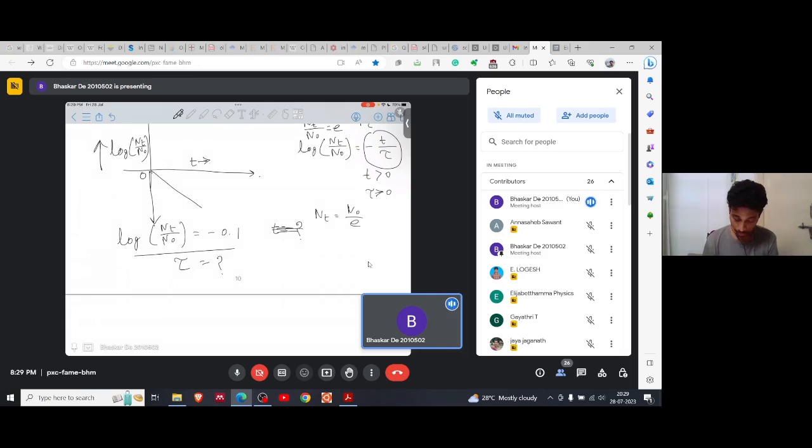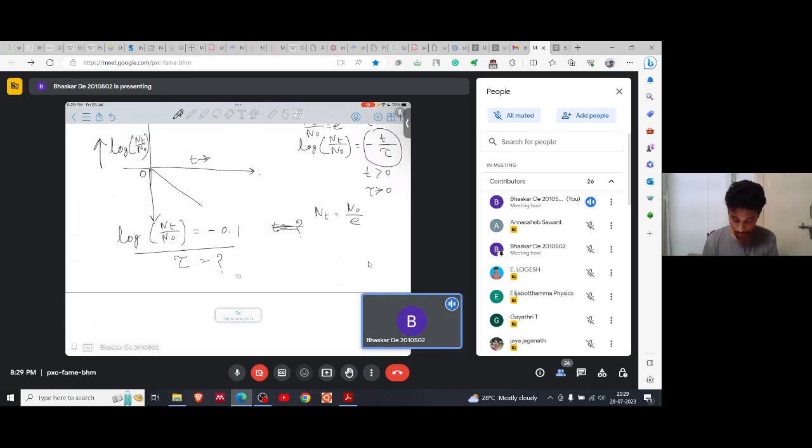From this curve you have to find the value of -1. That -1 will be somewhere here, and at that point you have to find the value where it is crossing the x-axis, and this particular value will be your tau. This kind of problem can be given based on the curve.